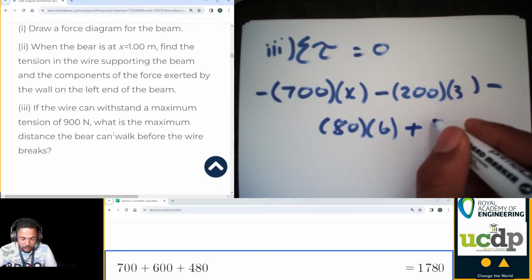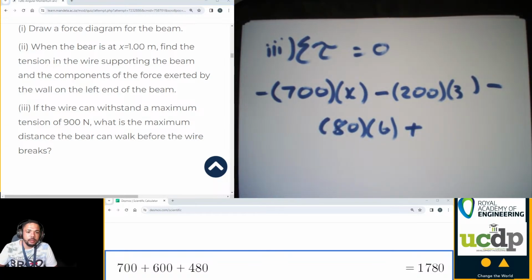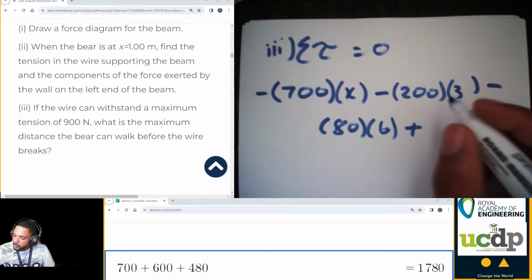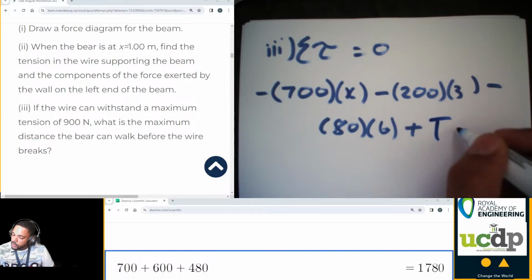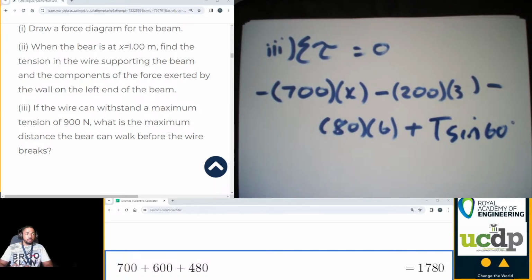So the vertical component of the tension is equal to, okay, it's just the tension and the sine of 60 going upwards.